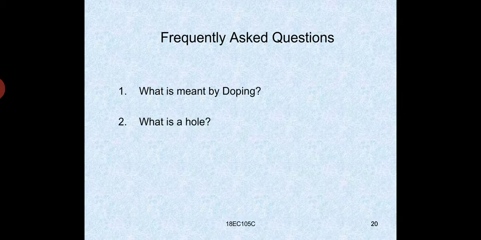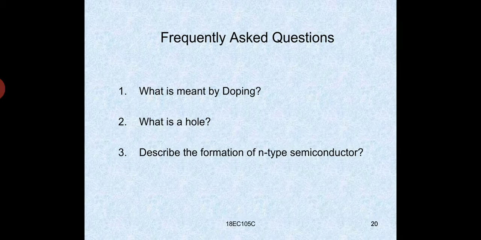Let us look into some frequently asked questions from the examination point of view. What is meant by doping? What is a hole? Describe the formation of n type semiconductor.